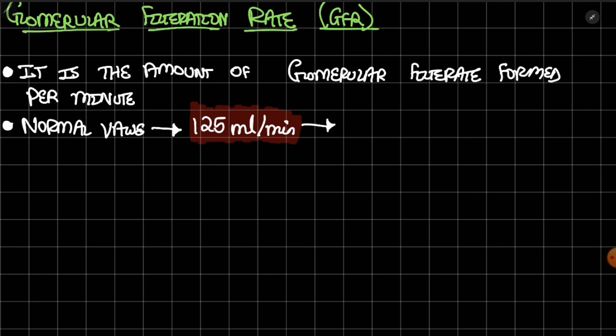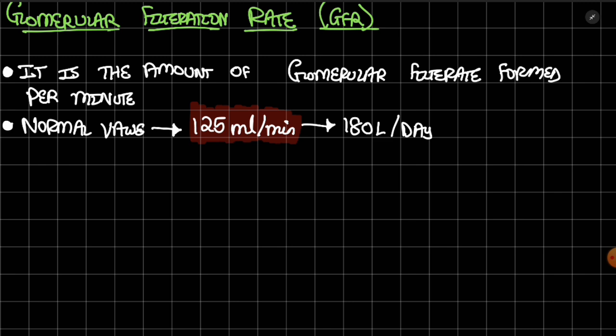If we calculate it per day, 125 ml per minute is nearly 180 liter per day. But we do not urinate 180 liter per day. We urinate only 1 to 1.5 liter per day. So where does this 99% reabsorption occur? It occurs in the whole of the urinary apparatus. So we see 125 milliliter per minute is the normal value of GFR.